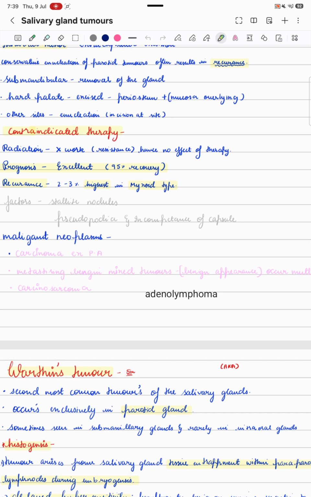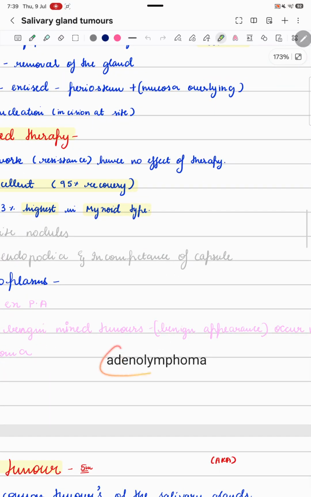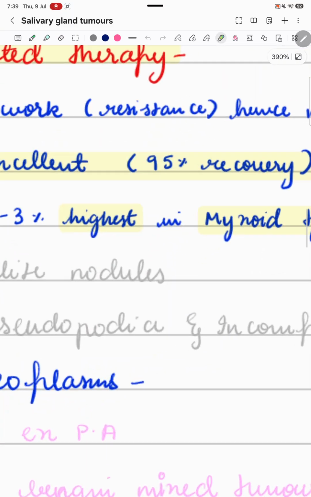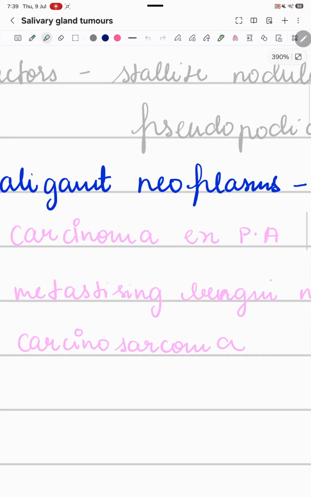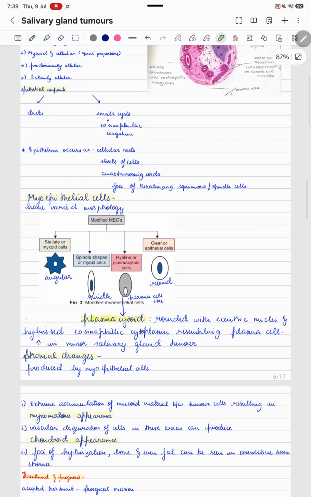The other type of malignant pleomorphic adenoma is called carcinosarcoma. Mainly we will be dealing with this name, carcinosarcoma. So that's all for PA.